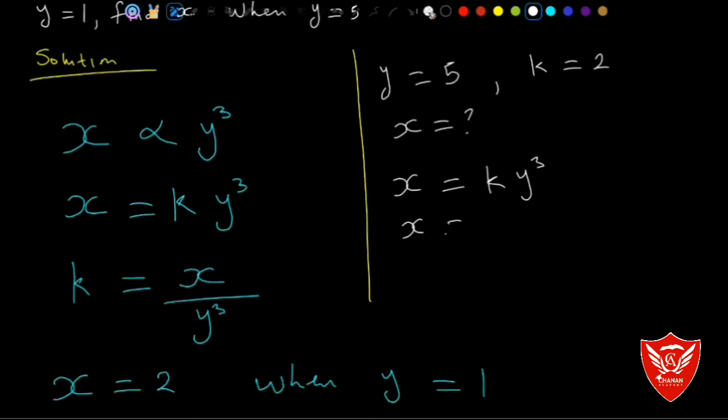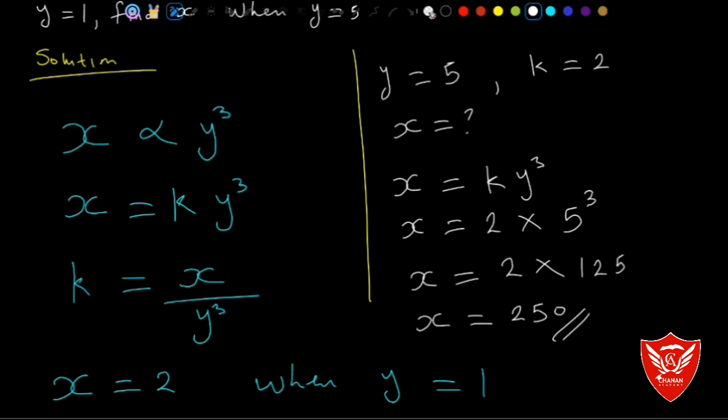Therefore x will be equal to k, which is 2, and y is 5, so multiplied by 5 cubed. X is then going to be equal to 2 multiplied by 5 cubed, which is 125. Therefore our x will be equal to 250. So this is our x.